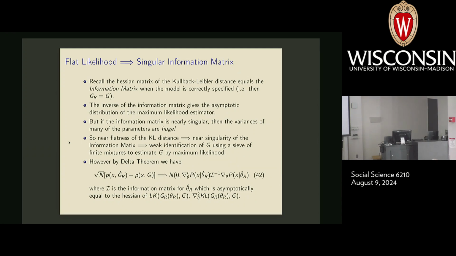What happens is that if you take what's called the singular value decomposition of this information matrix, there are going to be eigenvalues and eigenvectors corresponding to the eigenvalues. It turns out this thing is magically orthogonal to all the eigenvectors corresponding to small eigenvalues.